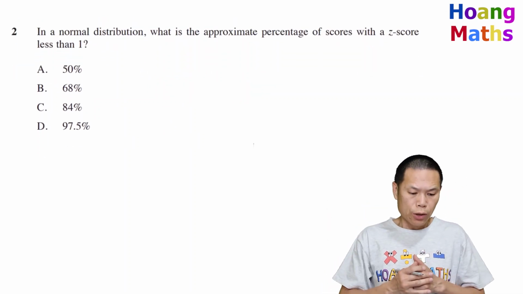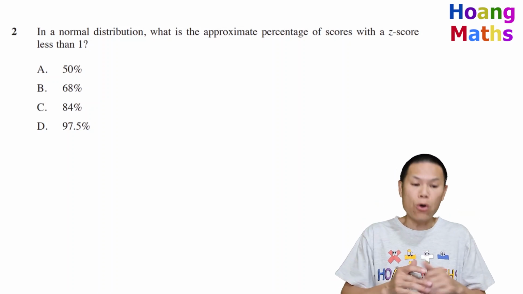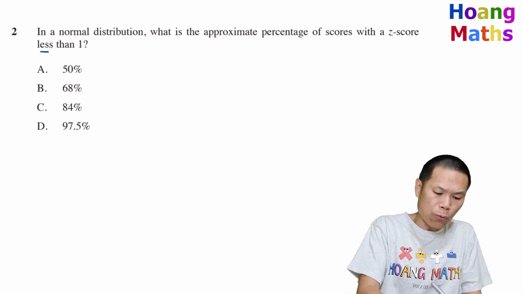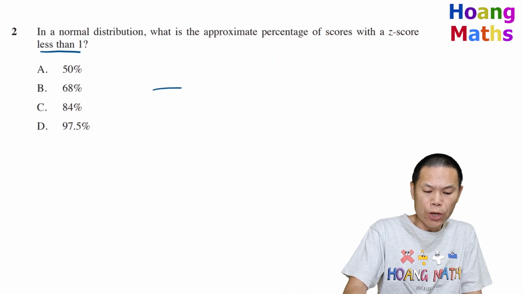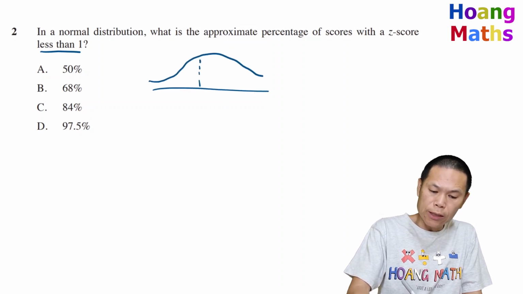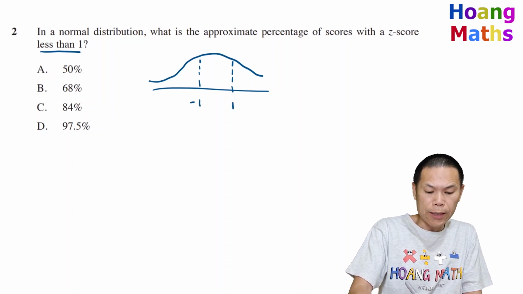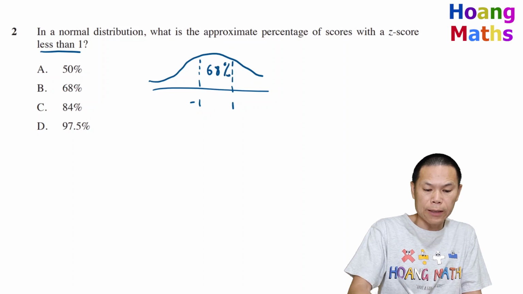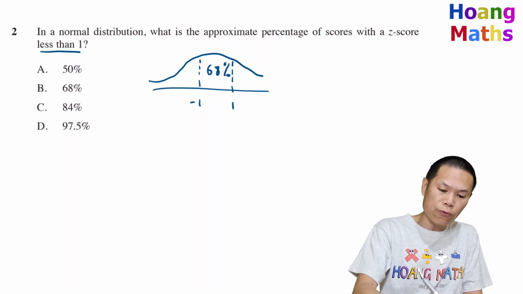Number 2. So we need to work out the probability of a z-score that is less than 1. So first of all, we know that in the normal distribution, the z-score between 1 and -1 is 68%. But then we need to find the z-score that is less than 1.